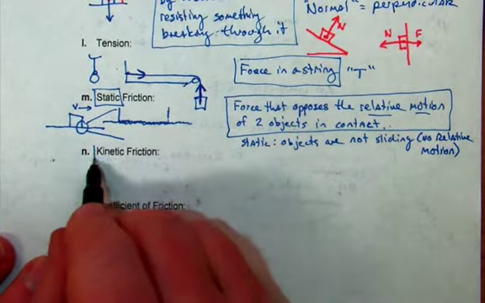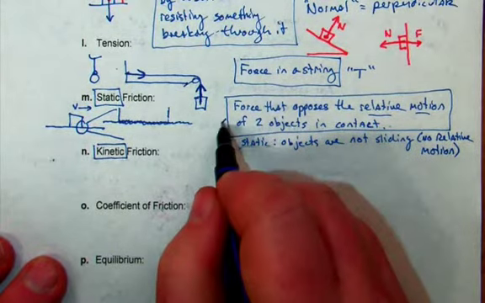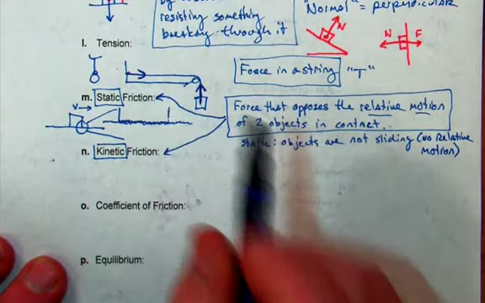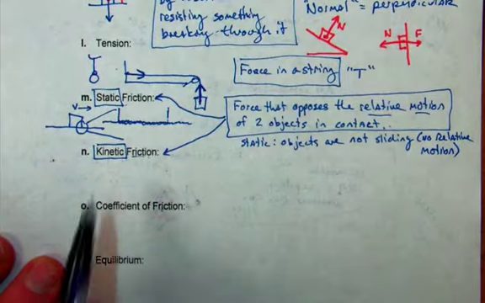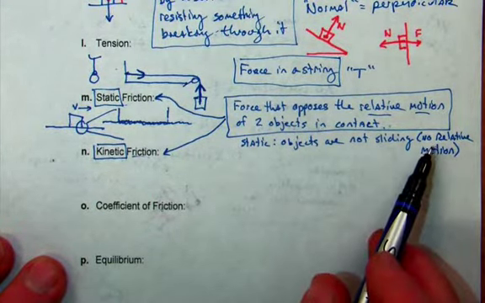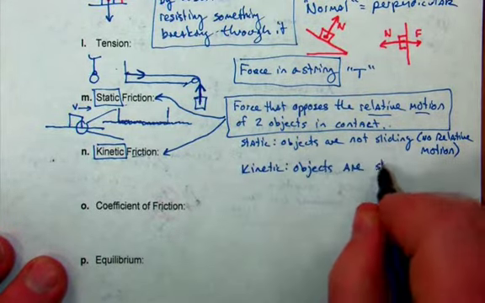That would actually be kinetic friction. Kinetic is when they are moving. So for friction, you have the same definition for either one, but for the static or kinetic part, it depends what the object's doing. If it's static, the objects are not sliding relative to each other. If it's kinetic, they are sliding relative to each other.